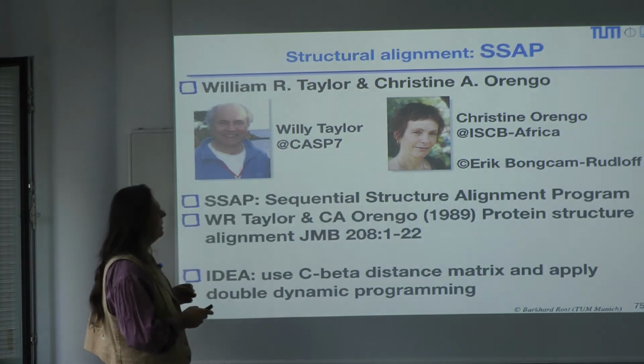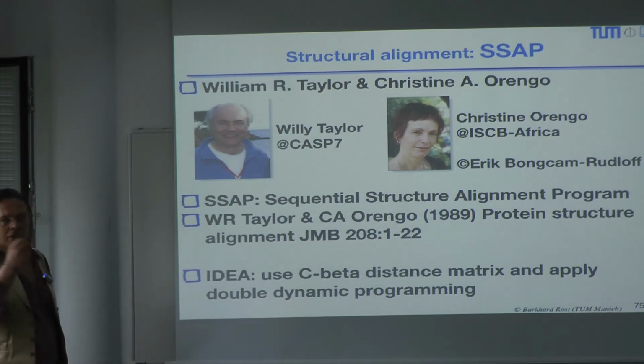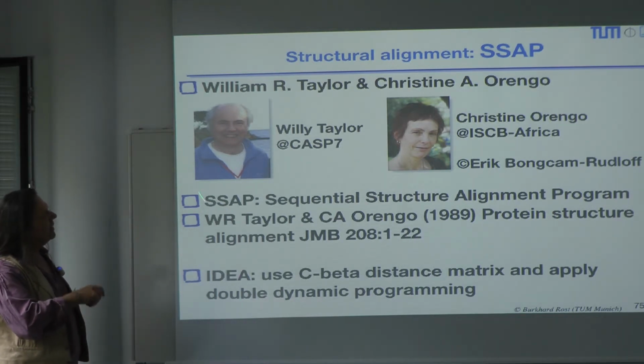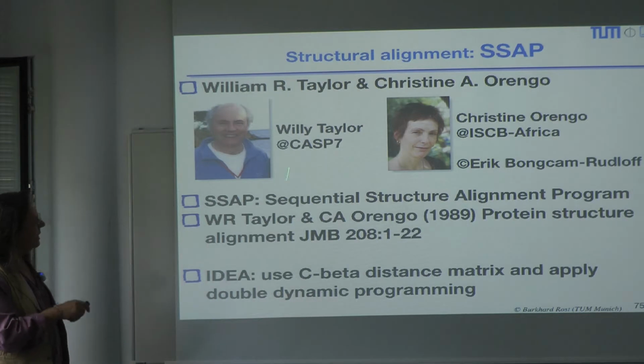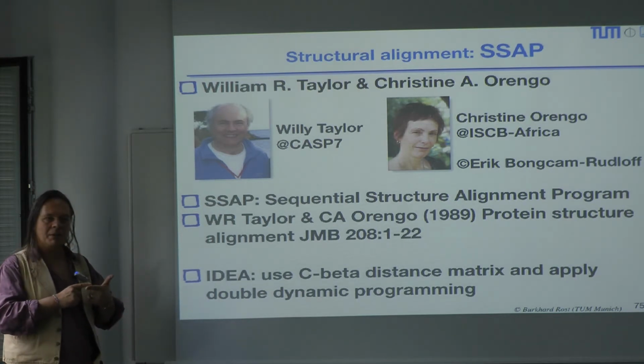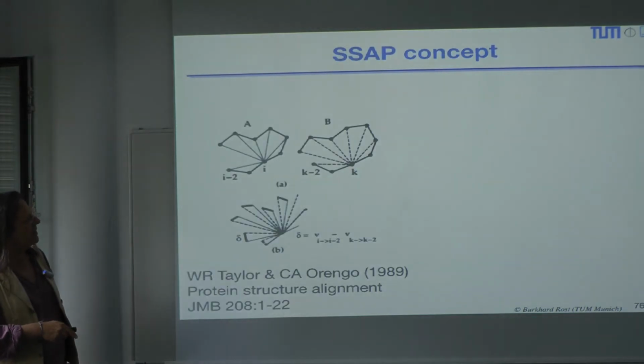It's not as trivial to compare structures with it, because the 2D information cannot be easily put into dynamic programming, and the brilliance really of SAP is that Willie Taylor found a way to look at a double dynamic programming. Double dynamic programming is essentially you do dynamic programming on distance matrices.